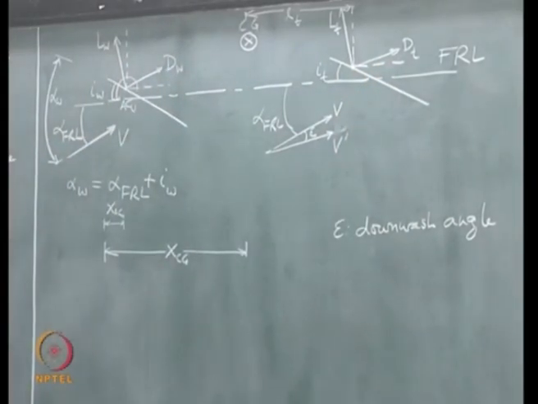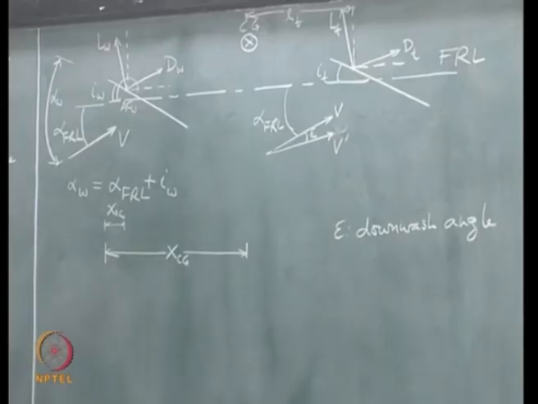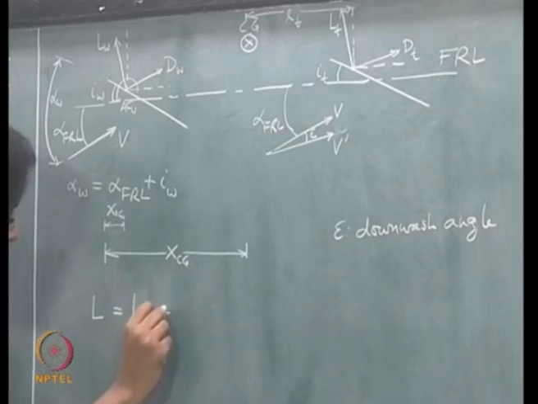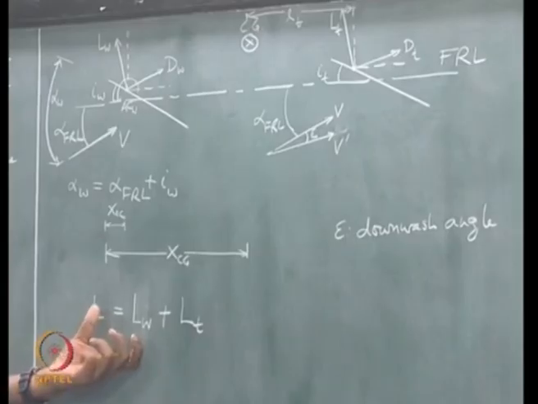Now, if I want to find out what is the total lift coefficient of this wing plus tail configuration, then you have to add the two lift contributions, right, the lift coming from the wing and the lift coming from the tail, right.